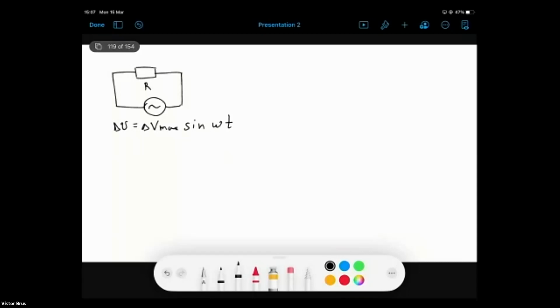So we have some sinusoidal signal which changes with time, and here omega is the angular frequency.